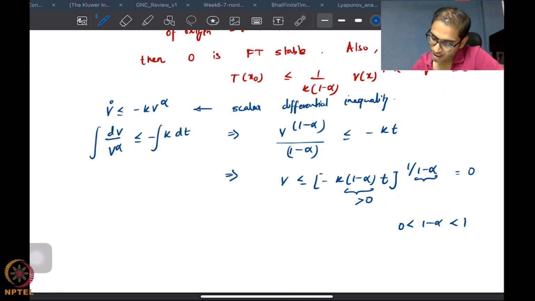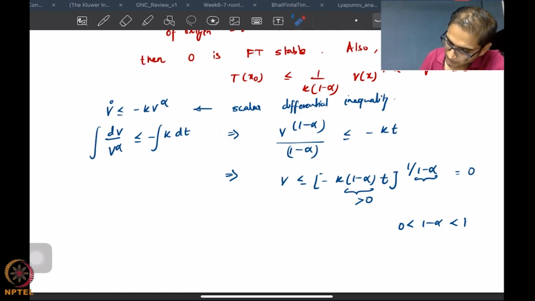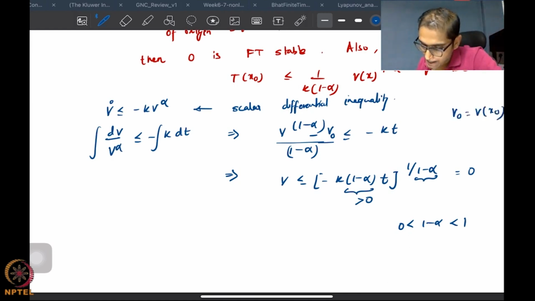Let me actually try to see. So the left hand side would have more terms. That's what I'm missing here. What I'm missing here is a V0, where V0 is equal to V at x0, right?